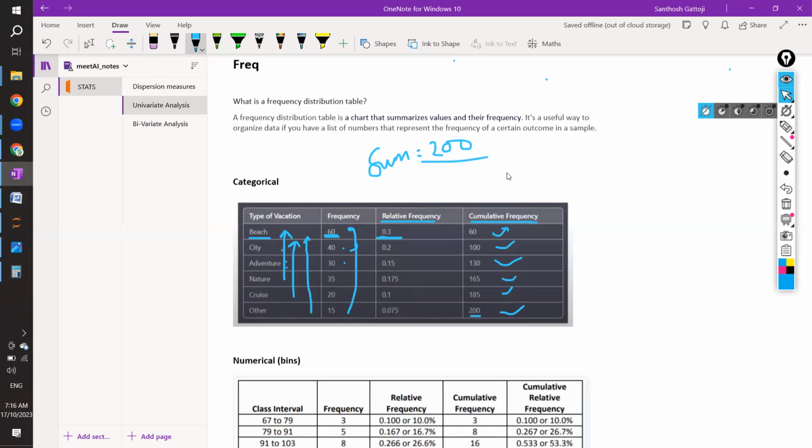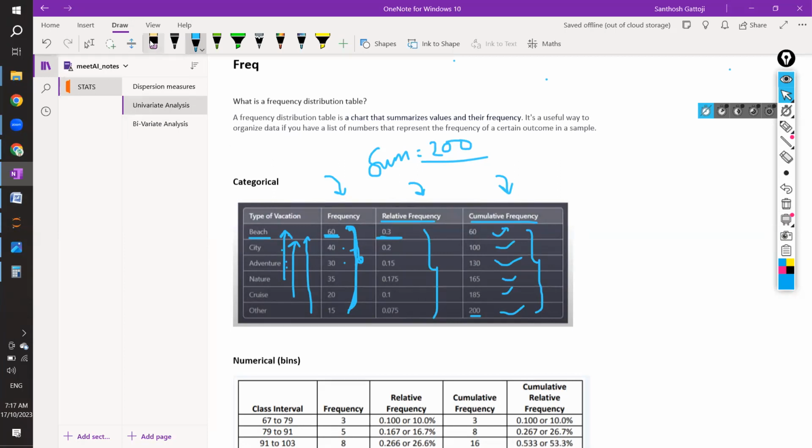Clear? This is the actual frequency. This is the relative frequency. This is the cumulative frequency. Actual frequency is just the frequency of all the outcomes. Relative frequency is its percentage in the given overall values. Cumulative frequency is the cumulative sum of that event and all the events that have occurred before it.